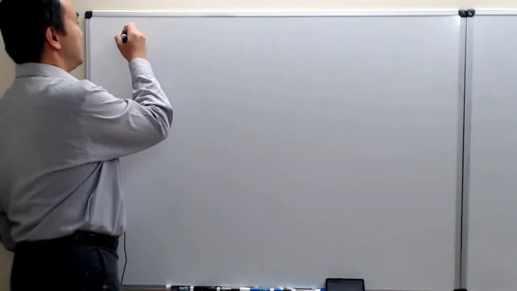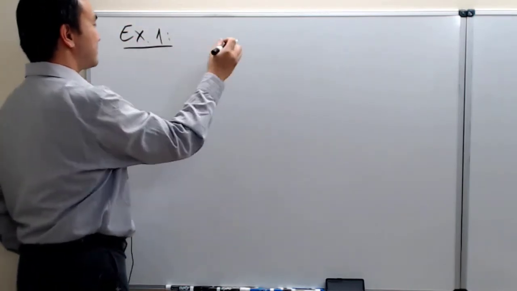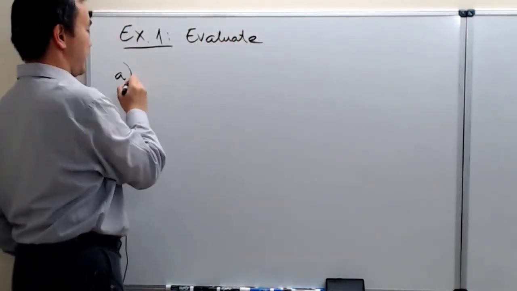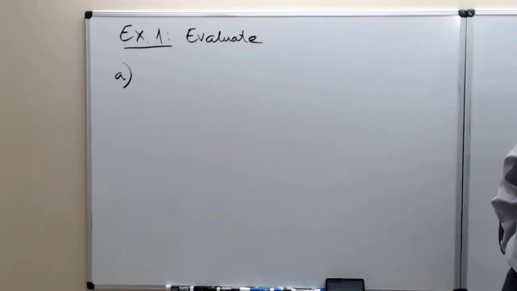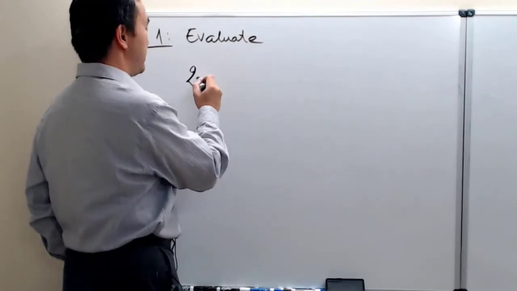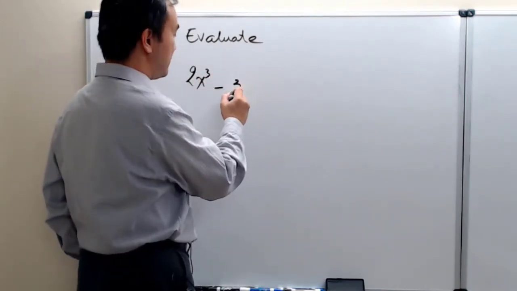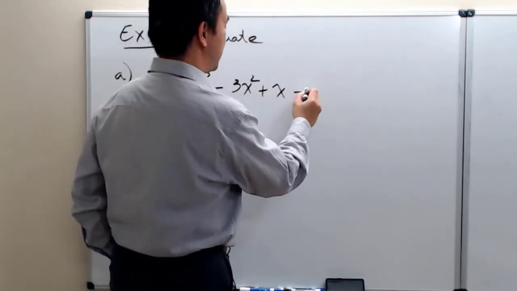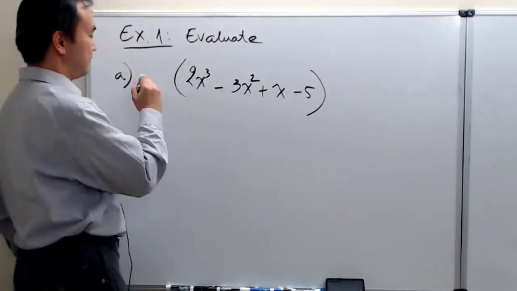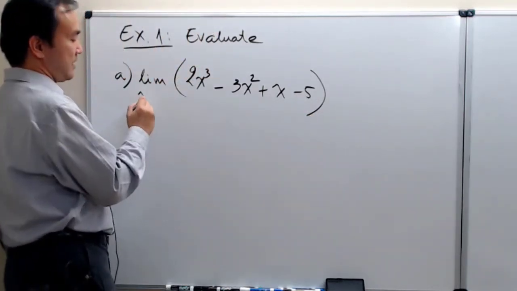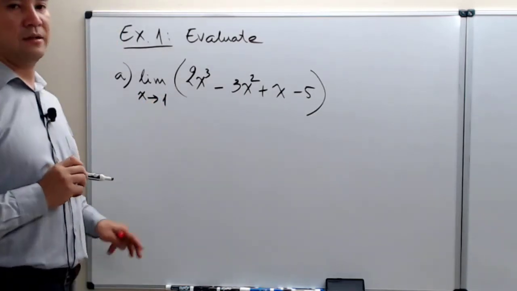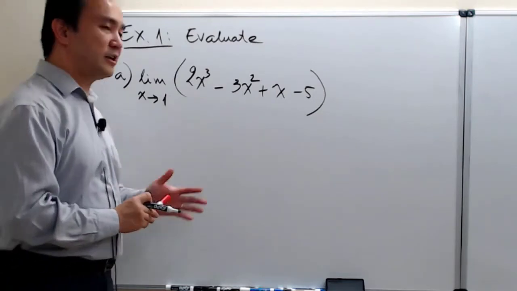So let's look at example 1. Let's evaluate, in question A, the function 2x cubed minus 3x squared plus x minus 5. With this function we are asked to find the limit as x gets close to 1. There is simply a lot going on in this function.